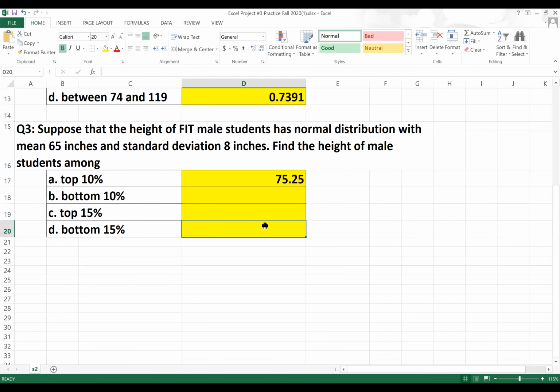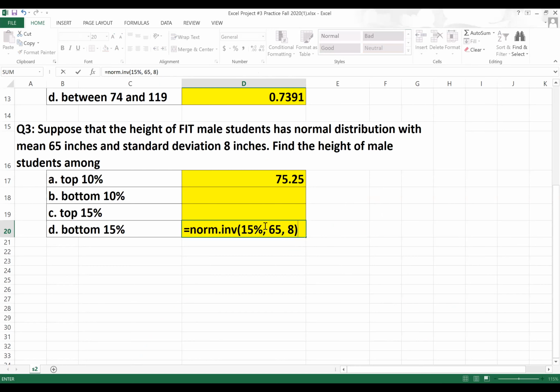And then the last one, we also did that. You do the same thing, inverse of the normal distribution. The area to the left is 15%, the mean is 65, the standard deviation is 8. Always area to the left.